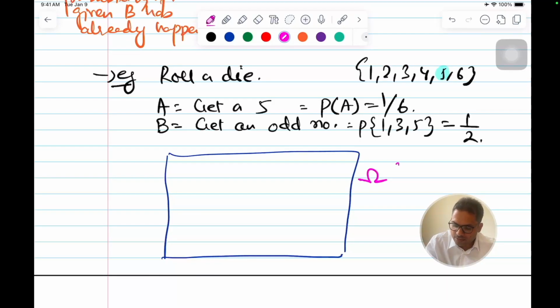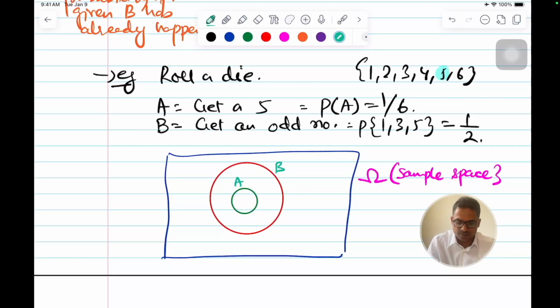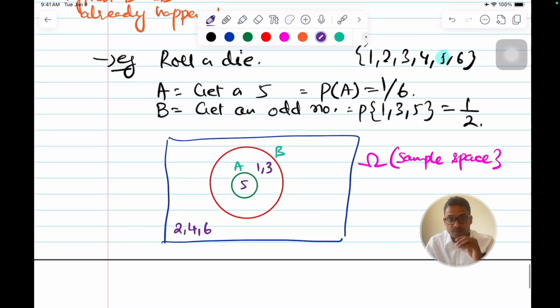The symbol of sample space is omega. This is all the possible outcomes. So this is my B, this is my A, and this is my sample space. What are the numbers that can happen in B? 1, 3, and 5 is my A, and outside this are all the even numbers 2, 4, 6.